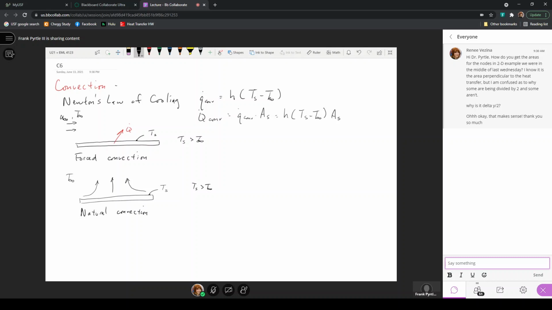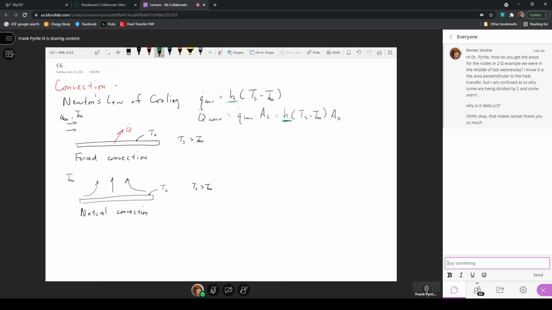All the work really is going into determination of this heat transfer coefficient. We can easily measure surface temperature and ambient temperature, and of course the surface area, but the quantity that defines the heat transfer rate or the heat flux is the heat transfer coefficient.